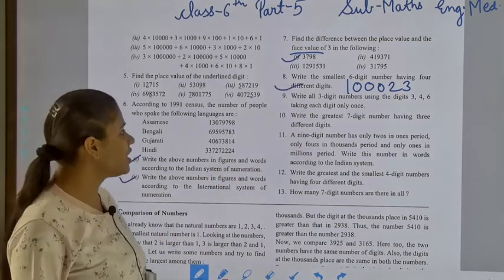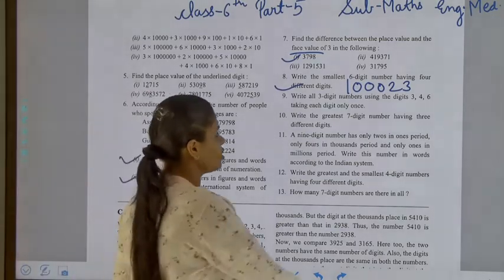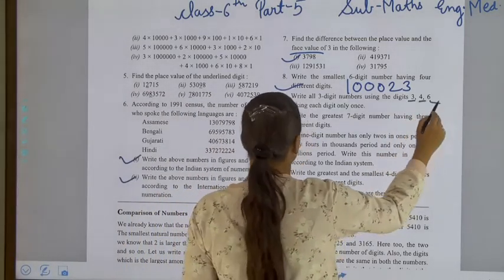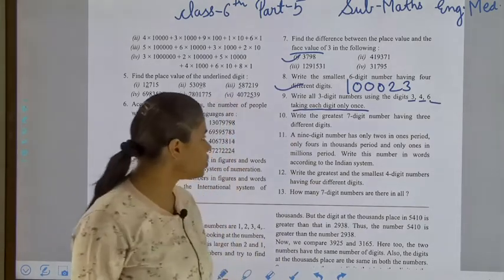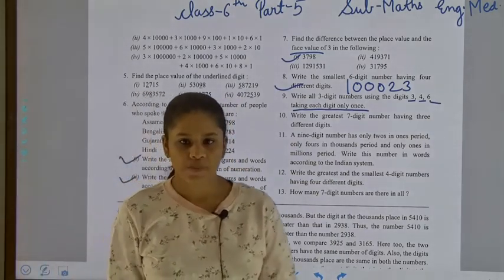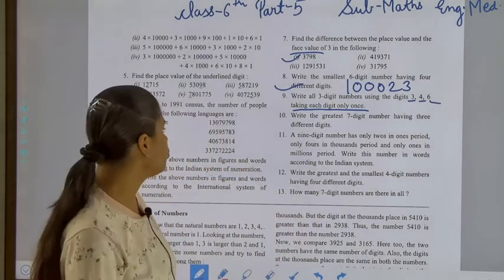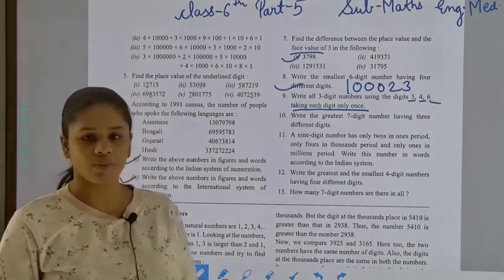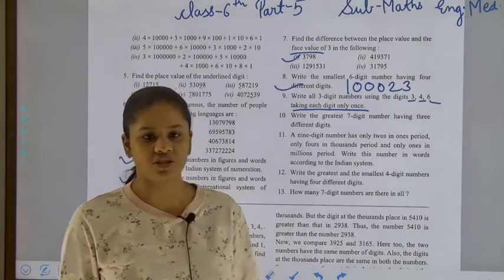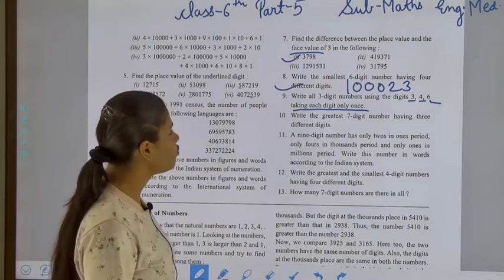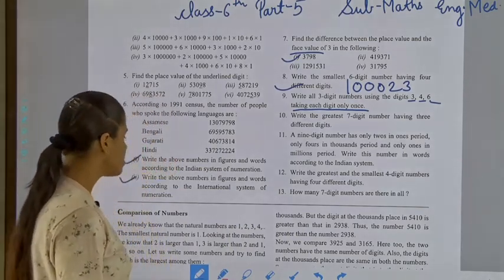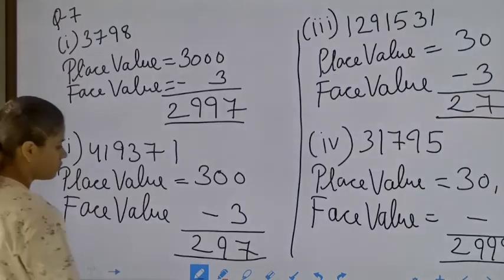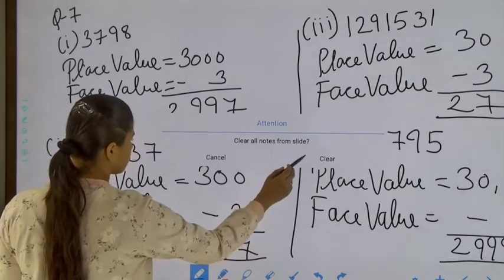Write all 3-digit numbers using the digits 3, 4, 6, taking each digit only once. Students, we have to write 3-digit numbers. हमको at a time एक ही digit use करनी है, and we have to form different digit numbers. That is question number 9.